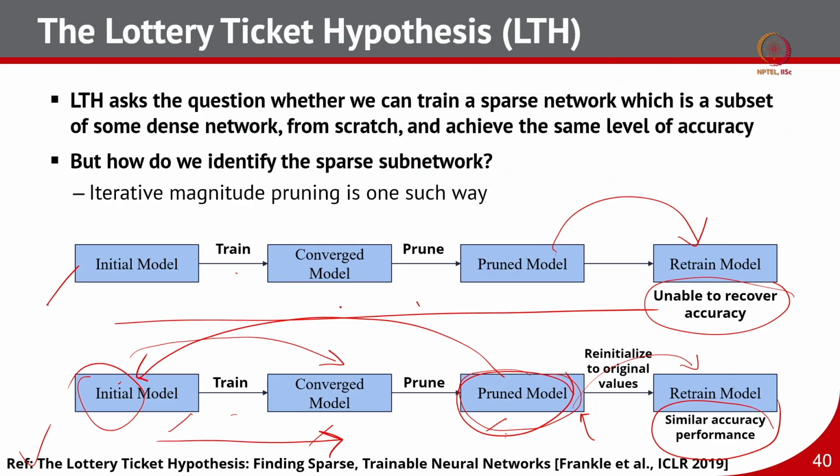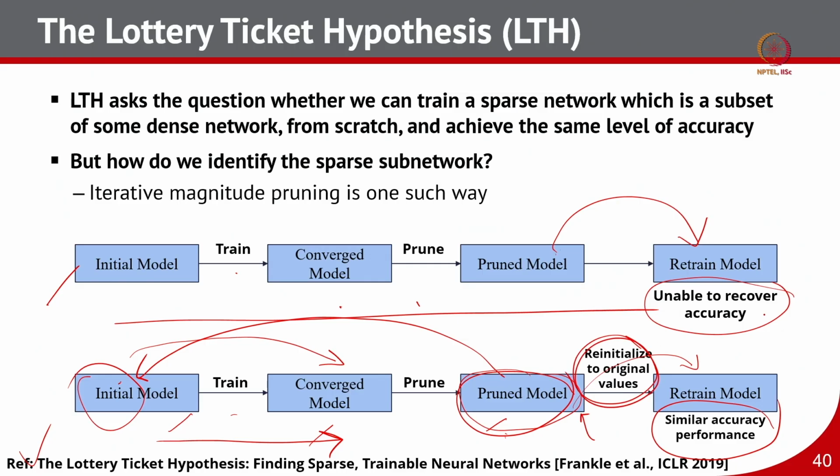So, again here the initial model is always a dense model, and then they are trying to see whether a subset of the dense model is good. I mean the same dense model can be instantiated for different applications. After that they are trying to see whether the same flow is applicable for all the applications or not. So, the main difference between the lottery ticket hypothesis and the prior work is this reinitializing to the original values.